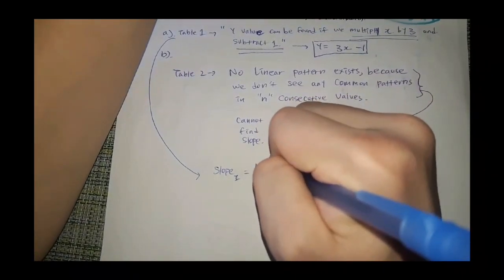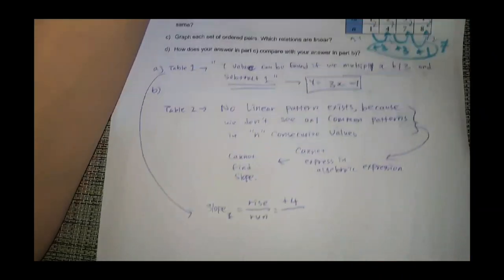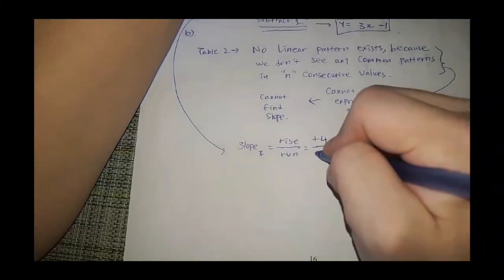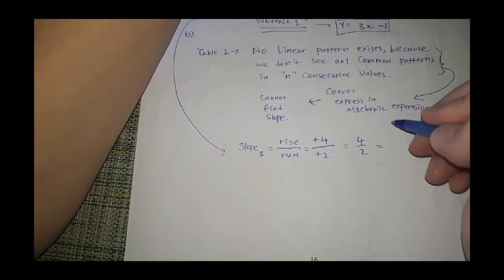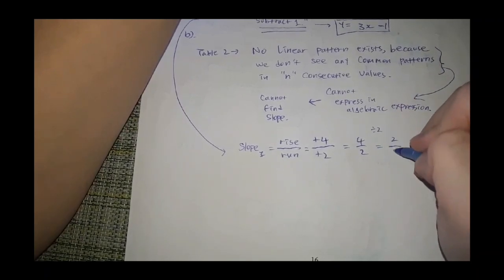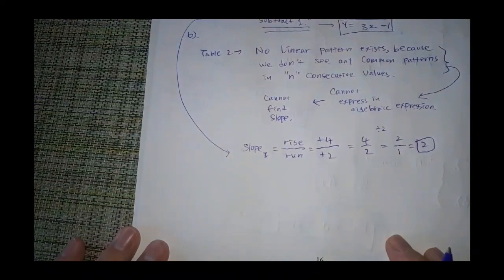So if I look at rise over run, vertical increases positive 4, but when you look at horizontal, it increases by 2, which means it's 4 over 2, which we can simplify, divided by 2. Then it's 2 over 1, then it's 2. Slope value is positive 2.